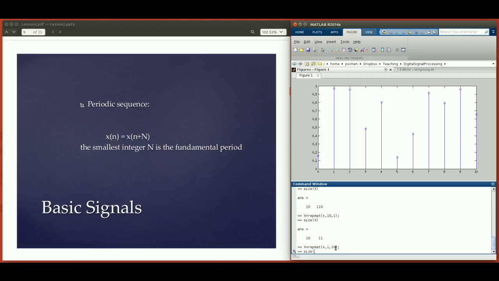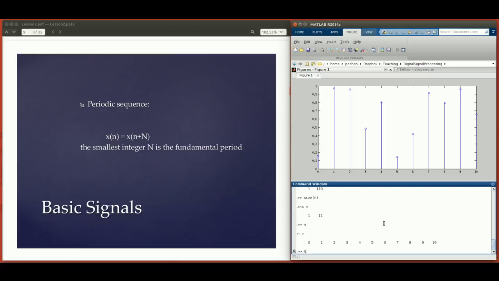If you look at the size of X, it's going to be 1 times 110. The horizontal axis, for now, n has only 11 numbers in it, going from 0 to 10. But let's extend it from 0 to 110.